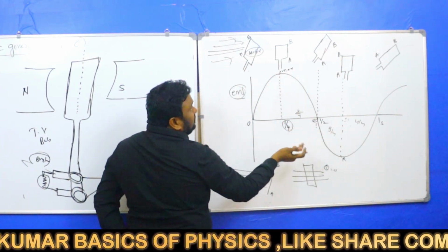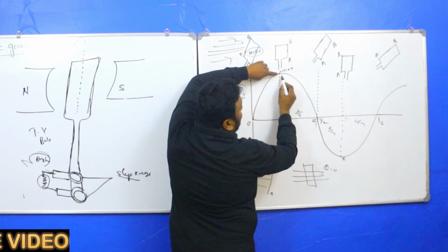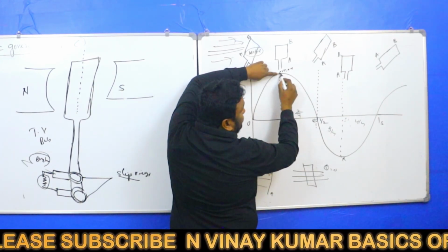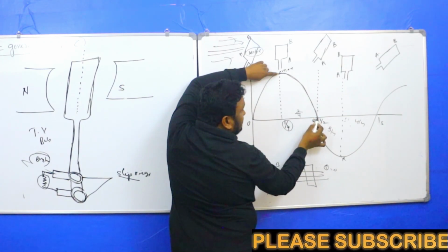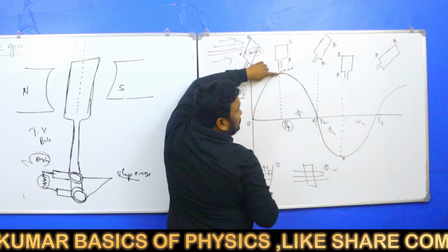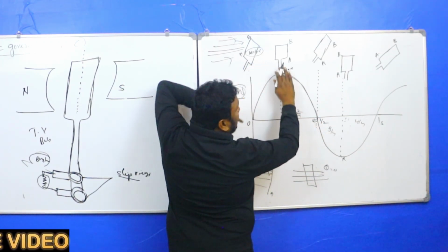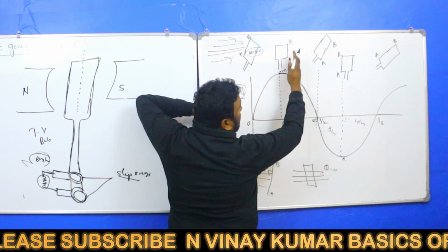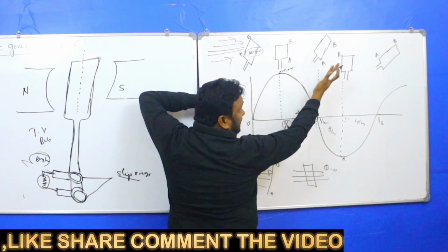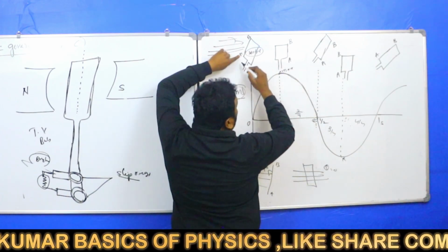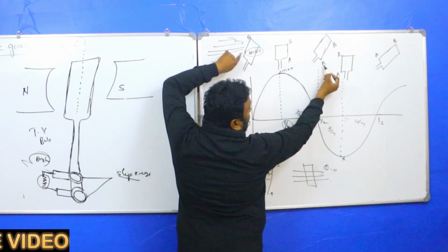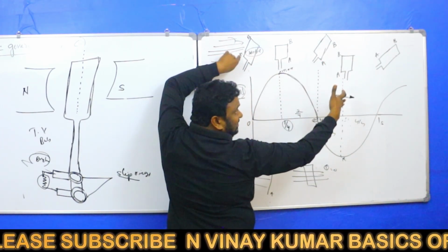And next, for the second quarter, we can observe the EMF value going from maximum to minimum. It means that again it goes from horizontal to vertical. So initially A and B were at the topmost, and now A and B are below. Clear?